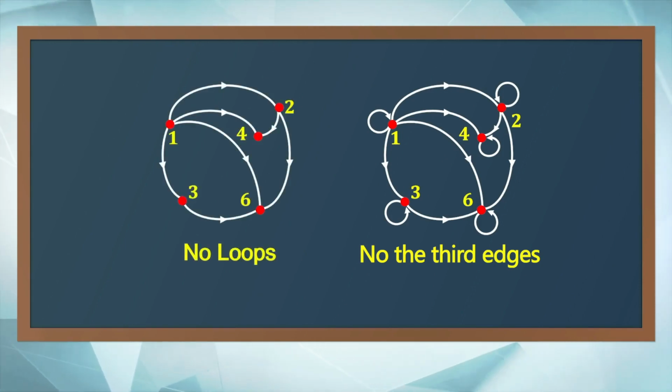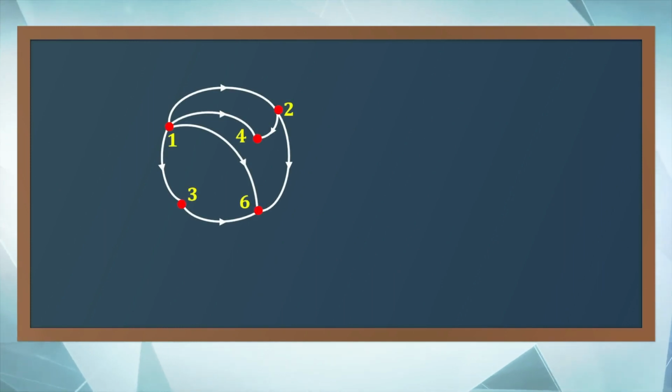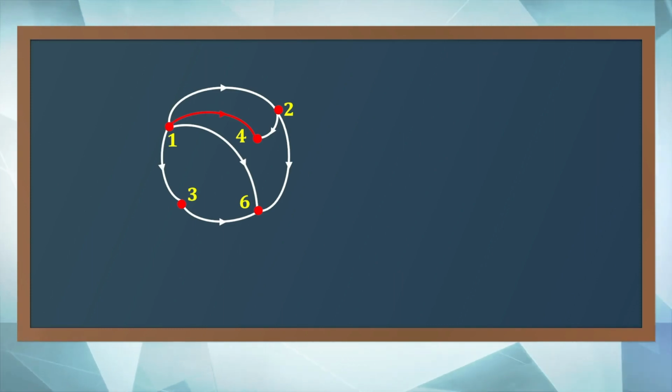Secondly, because a partial order is transitive, we do not have to show those edges that must be present because of transitivity. For example, there are edges (1,2) and (2,4), so the edge (1,4) must be present. And there are edges (1,2) and (2,6), so the edge (1,6) must be present.